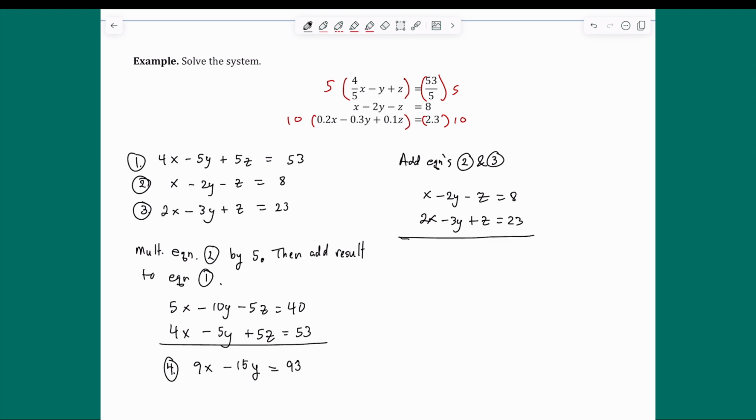And we're going to go ahead and add the results there. So we're going to add these two equations to get 3x minus 5y equals 31. So let's call this equation 5.